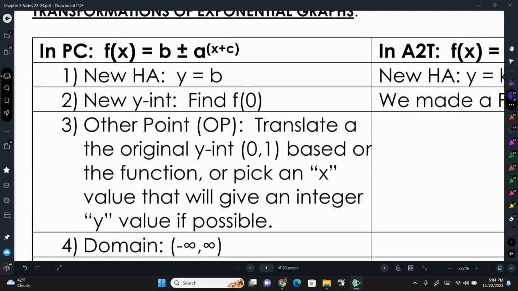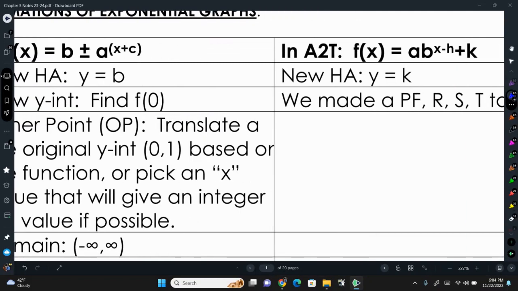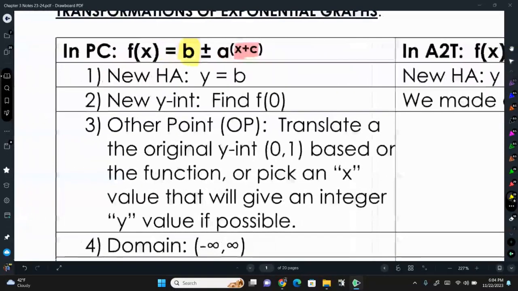They're just written a little bit differently. You'll see we had x minus h here, but now it's x plus c. And instead of plus k at the end, it's at the beginning. So our horizontal asymptote is y equals b. And that can be written either at the end of the function or at the beginning.